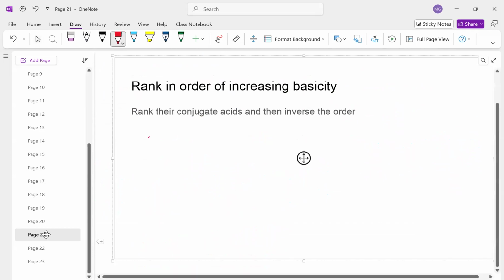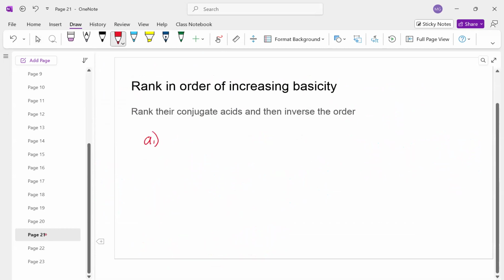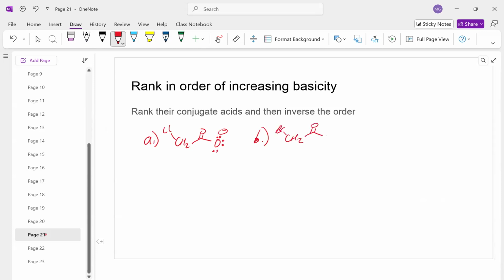So I'm going to draw three bases here. And I want you to rank them in order of increasing basicity, from least basic to most basic.